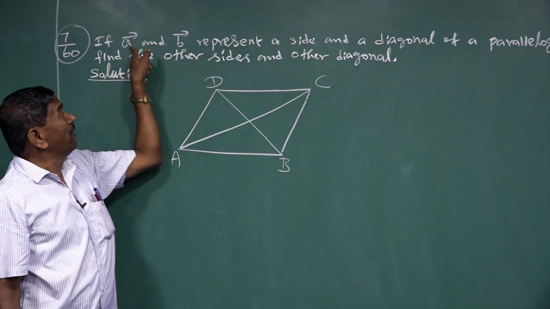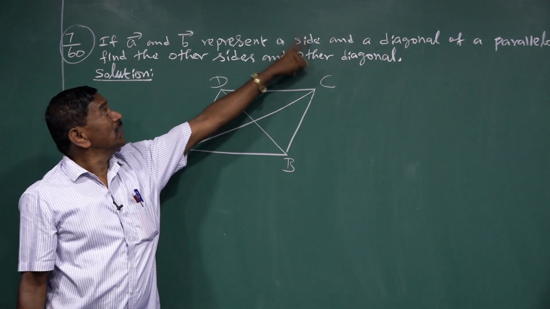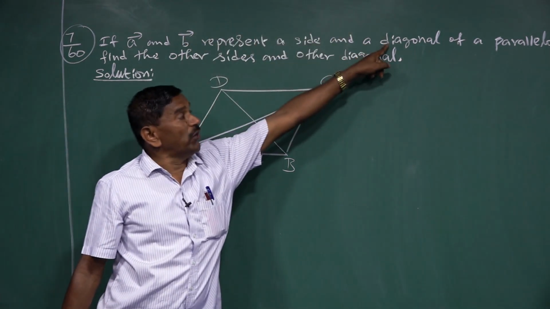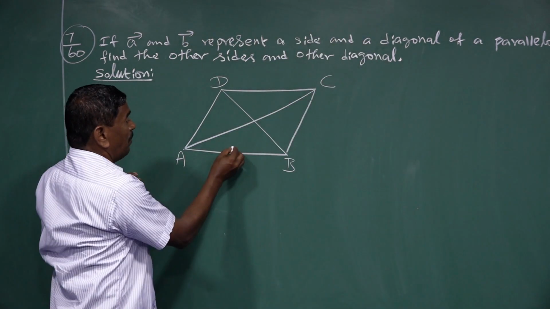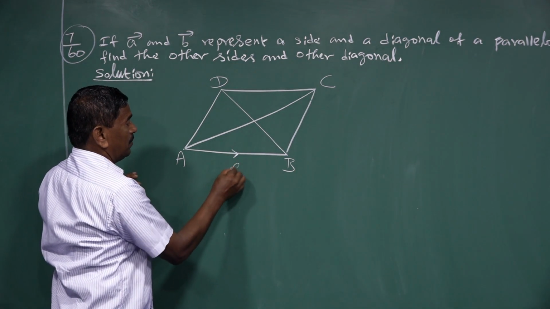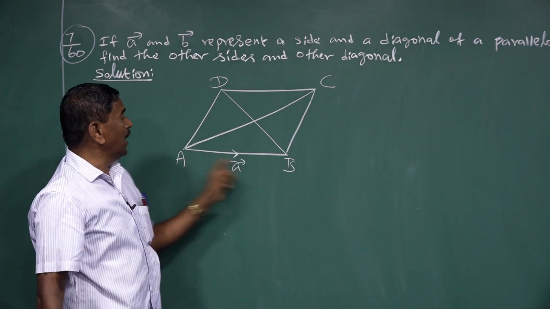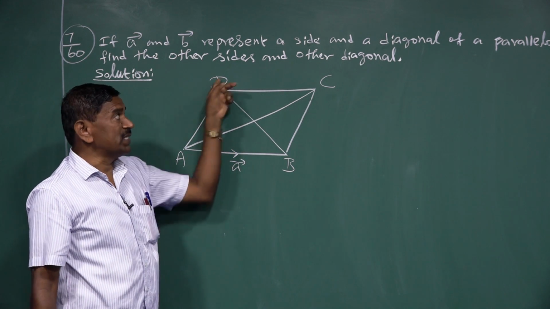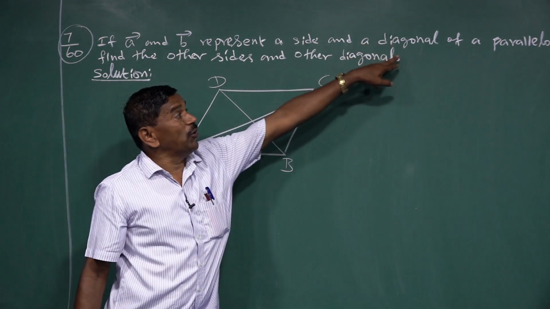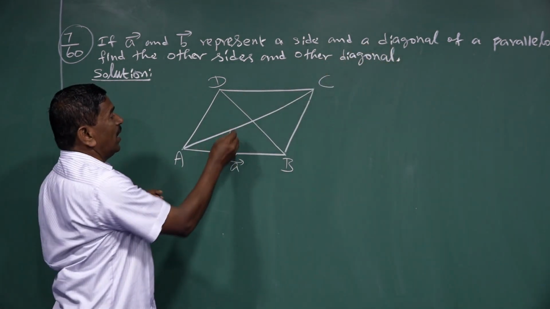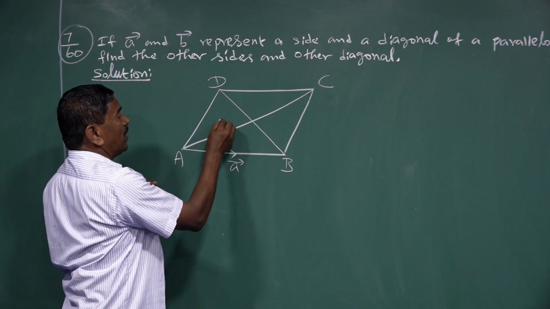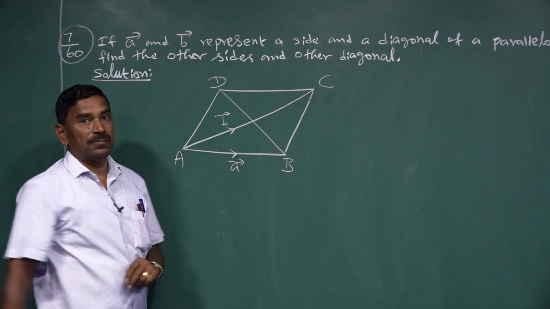Here, A vector is a side and B vector is the diagonal. So let AB vector be equal to A vector, one side over. Next, a diagonal is given, that is, let AC vector be equal to B vector. That's all.